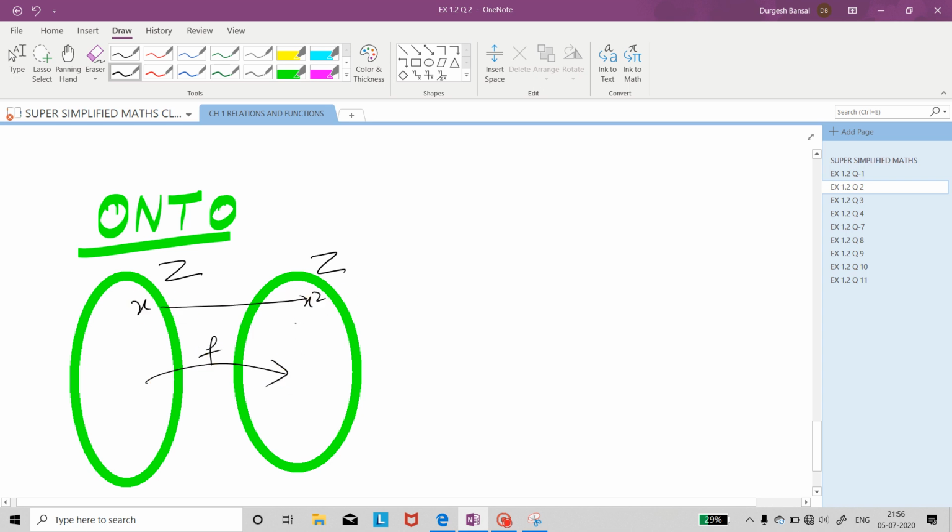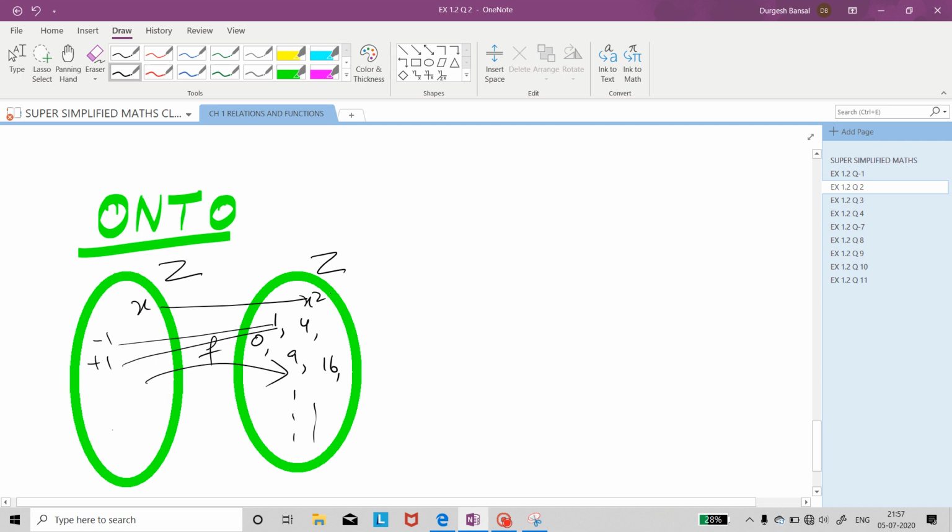So what type of numbers are we getting as range? 1, 4, 9 and 0 also. 0 is the square of 0, 16 and so on. The image of -1 and +1 was 1. The image of -2 and +2 is 4. Image of -3 and +3 is 9, and so on.